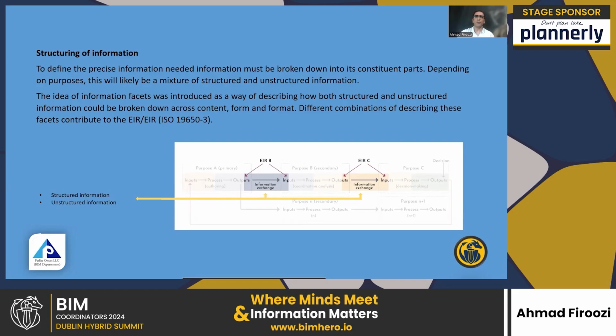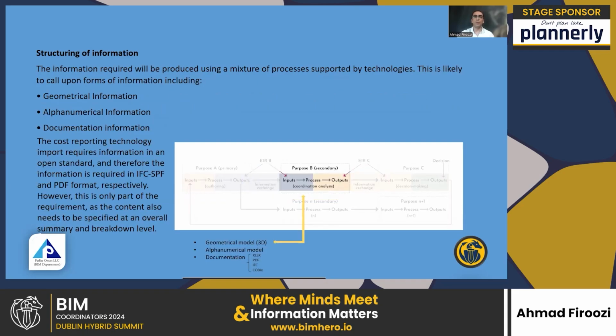For example, a main contractor needs information to undertake the rationalized purpose of cost. The information required will be produced using a mixture of processes supplied by technologies. This is likely to call upon forms of information, including geometrical information, alphanumerical information, and documentational information.